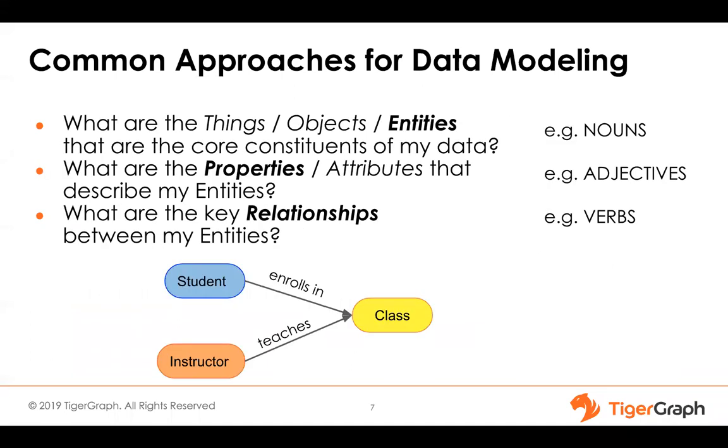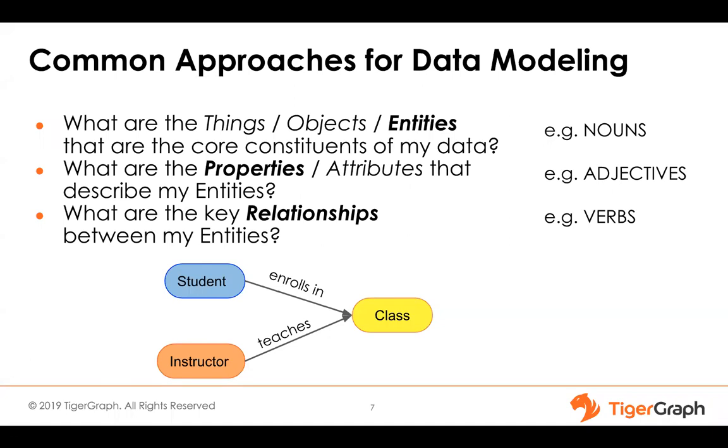And so you realize, hey, those entities are like nouns, properties are like adjectives, and relationships are like verbs. So you can often express these things as sentences. For example, a student enrolls in a class, or an instructor teaches a class.